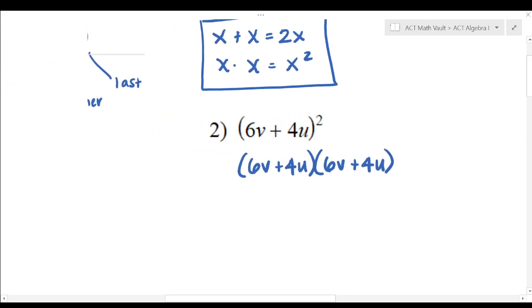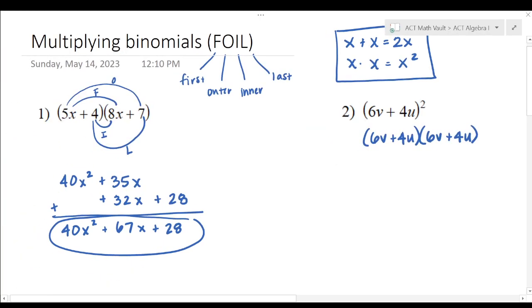So if I distributed that 2, think about what I would be missing out on in my final answer. Don't you get a middle term here? So that is what we would be missing out on. Because wouldn't we get 36v squared plus 16u squared?